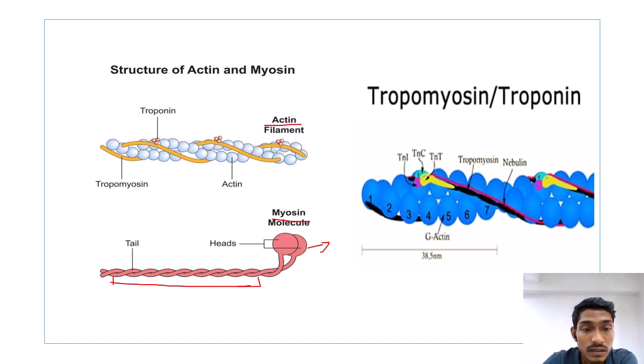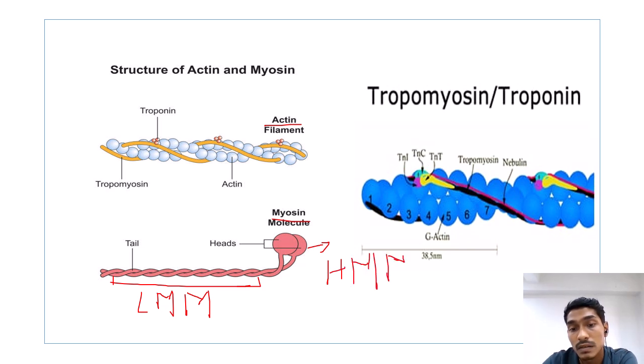The tail part is called light meromyosin, LMM, and the head part is called heavy meromyosin, HMM. The cross between two myosins is called the cross arm. You can see the cross here is called a cross arm.